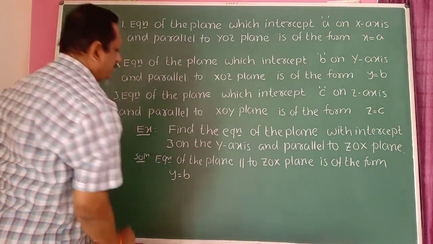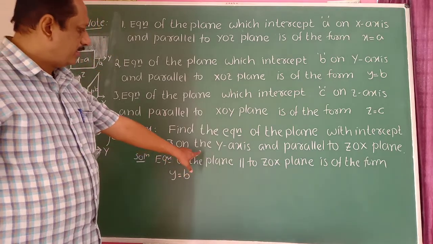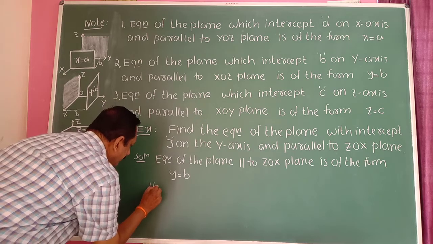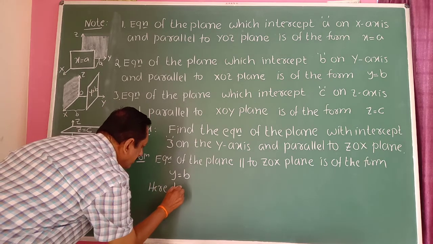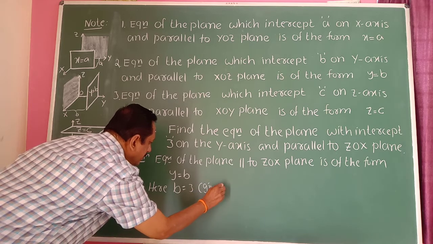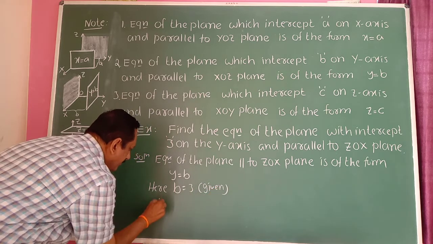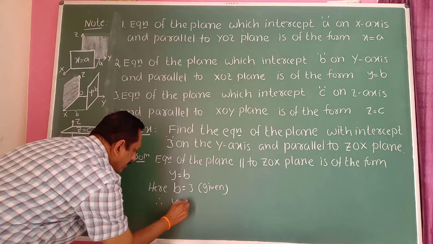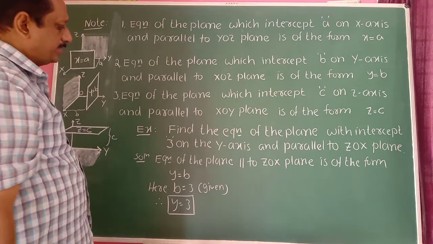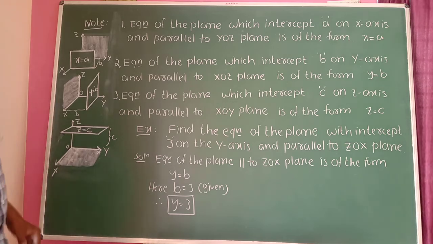Here they are already given the y intercept is 3, so b is equal to 3. So y is equal to 3 is the required equation of the plane.